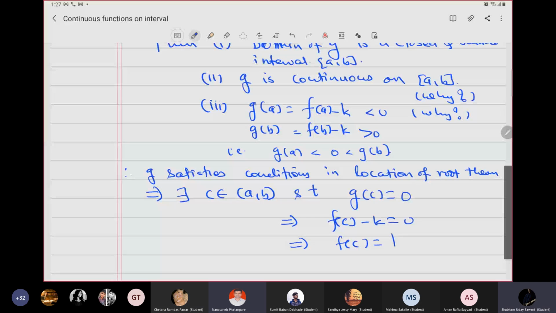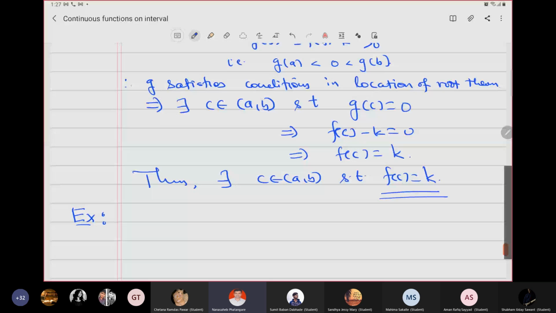Yes, sir. So the proof is very straightforward, just an application of location of root theorem. Now, if the function is continuous, then it is true.